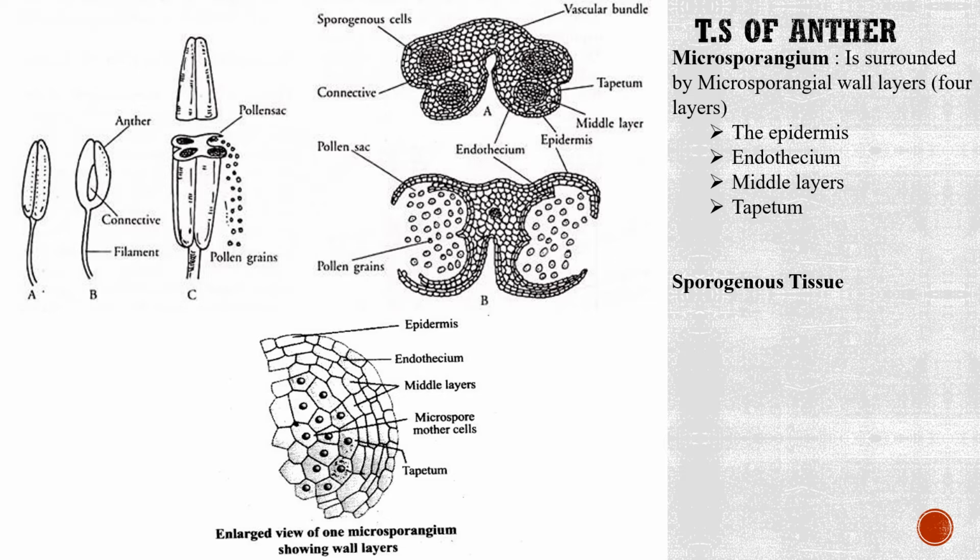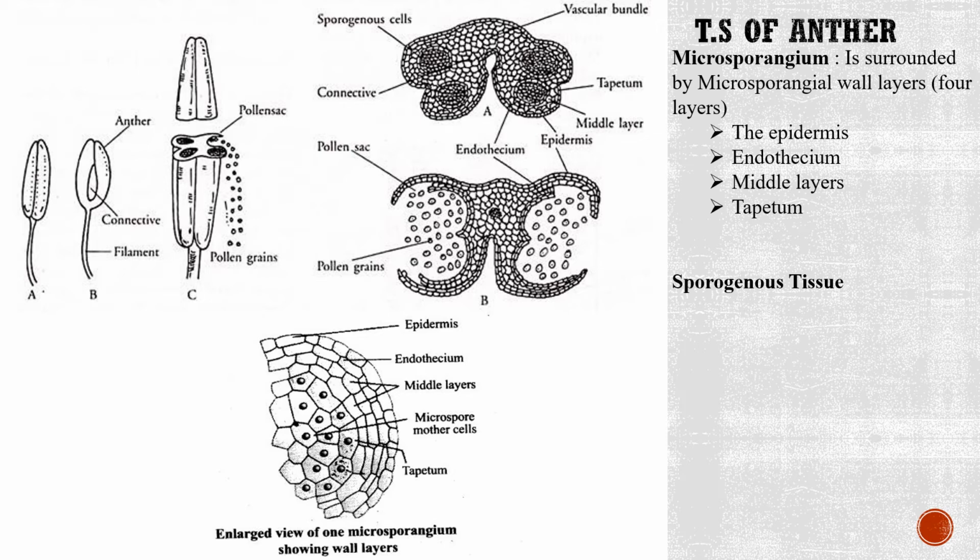Basically, it consists of two layers. One is the microsporangial wall layer, which is the outermost region, and the innermost sporogenous tissue. The microsporangium wall comprises four different wall layers. The outermost layer, which is formed of thin cells which are equal in size, is called the epidermis.